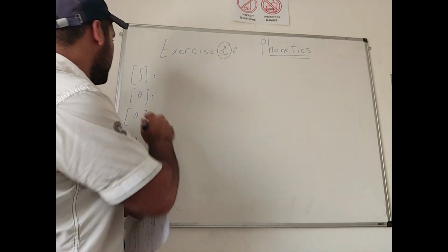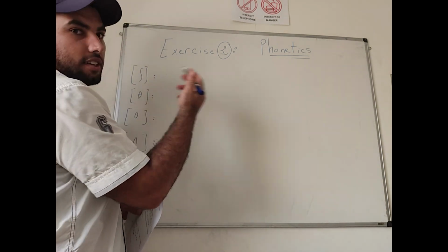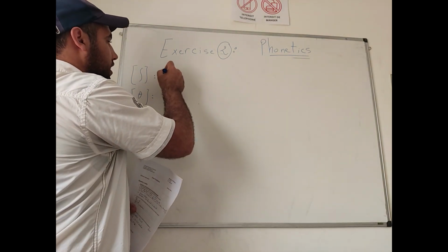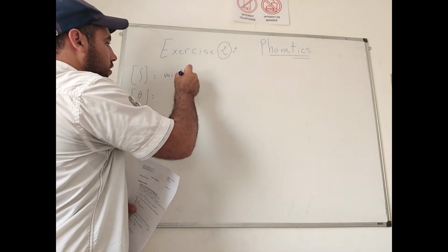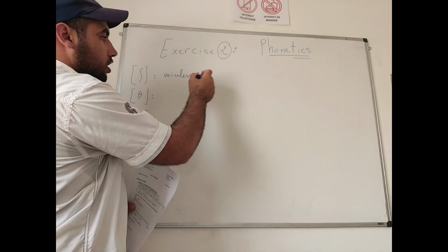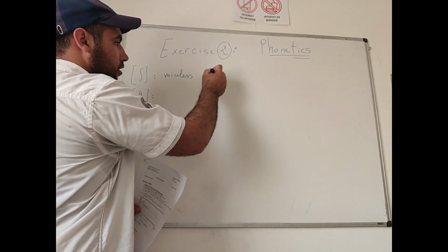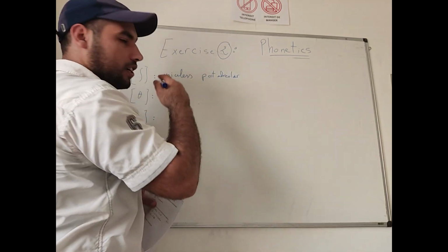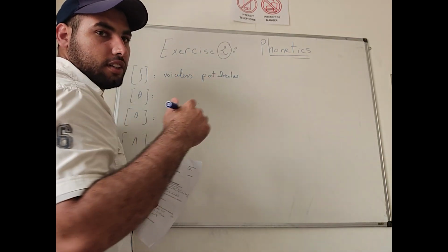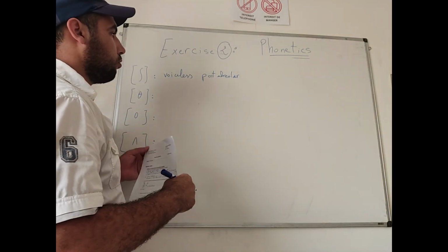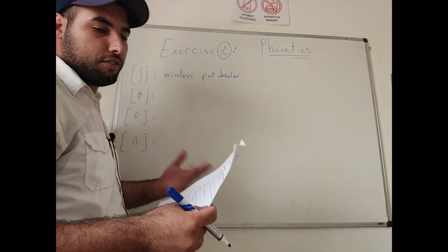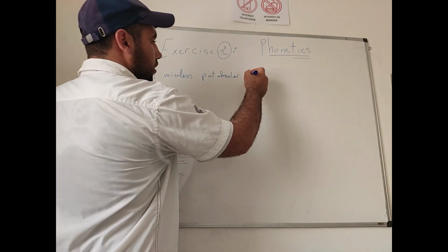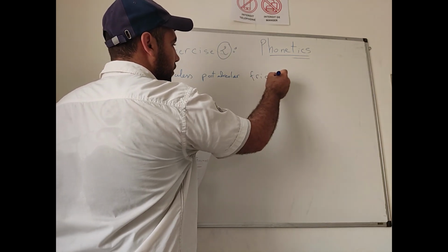So let's go back to the examples we are given in the exam sheet. Here we have the sound sh, which we should define first as minus voice, which is voiceless. And it is post-alveolar because it is articulated after the alveolar ridge, which is called the post-alveolar or alveopalatal place, and it is a fricative sound.